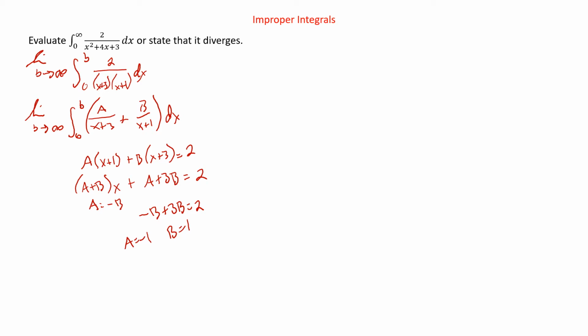So back to our partial fractions. We'll take it up here. Limit as b goes to infinity, 0 to b of a, which is negative 1 over x plus 3, plus 1 over x plus 1 dx.